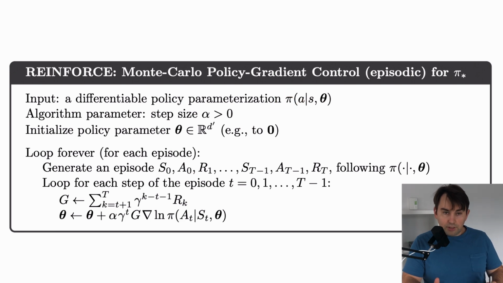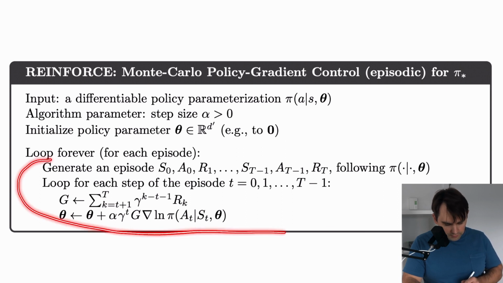So some policy that outputs an action given some state, and it's parameterized by some parameters theta, and it outputs some action A. This could be our neural network. Then we have a step size alpha. For example, this could be a step size for our Adam optimizer. And this right here is just initializing our neural network weights. Then we just loop over this part forever, right here.